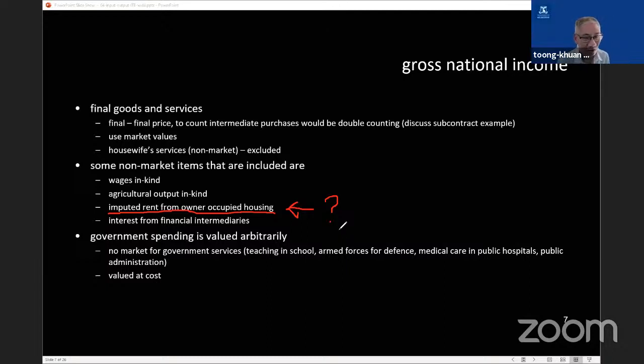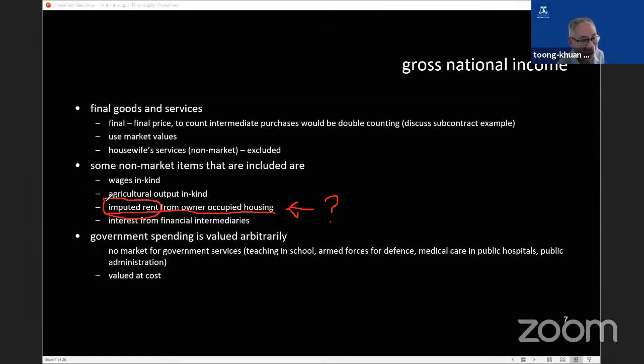So that's why the asset must create a value. If you rent it out to somebody else, you collect rent. But if you live in it yourself, this is what is imputed rent. This term imputed rent is calculated by the statistics department based on an estimate of what rent you would have to pay to live in your own house.